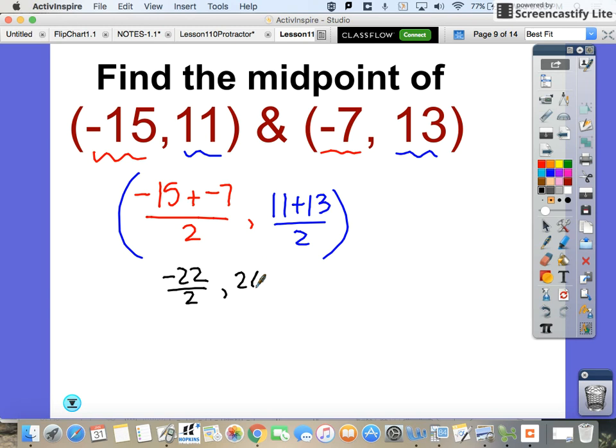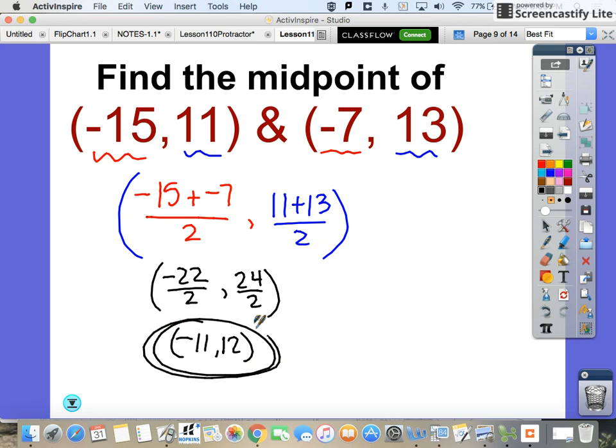This is 24. Negative 22 divided by 2 is negative 11. 24 divided by 2 is 12. So this is our midpoint. This is like x sub m, y sub m. I didn't write that on the other ones, but it's just the x midpoint and the y midpoint.